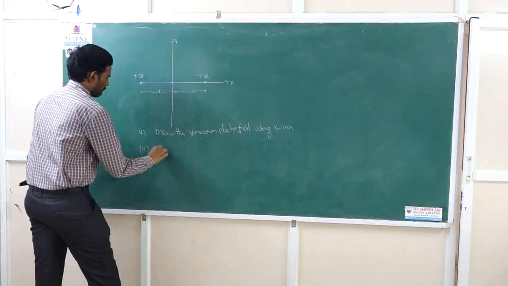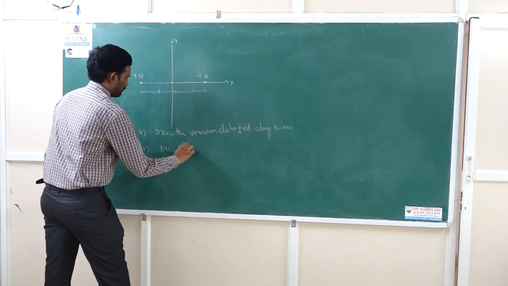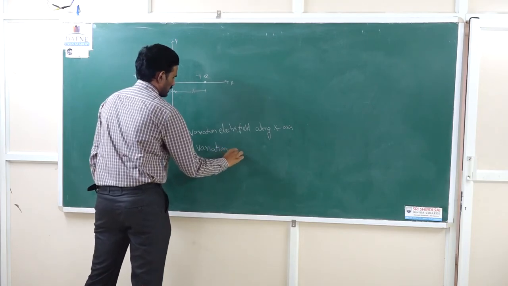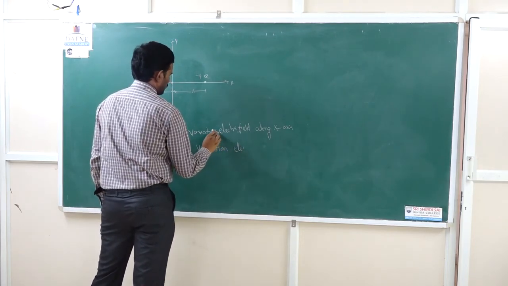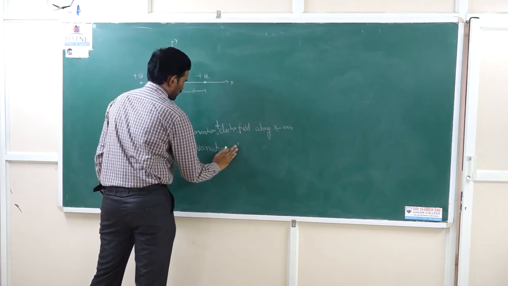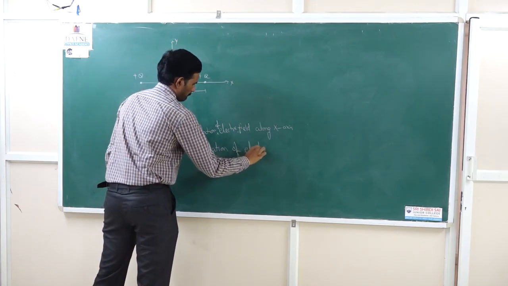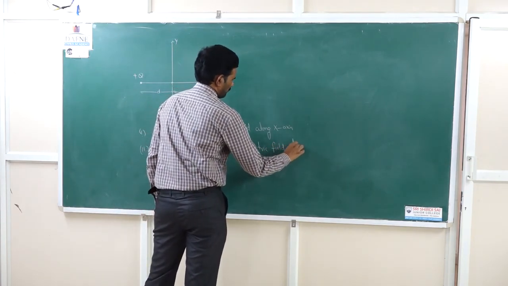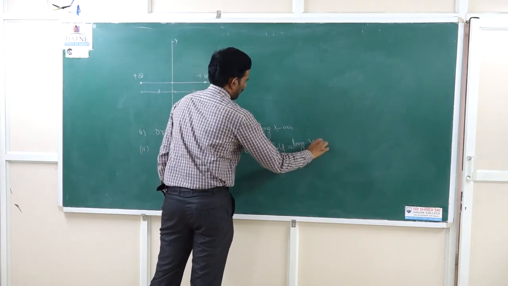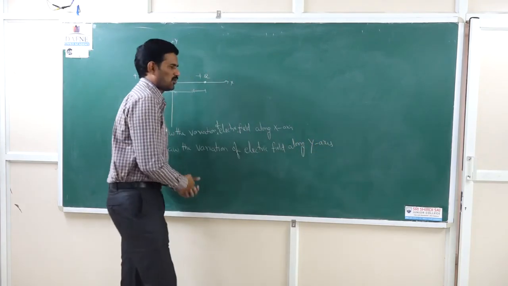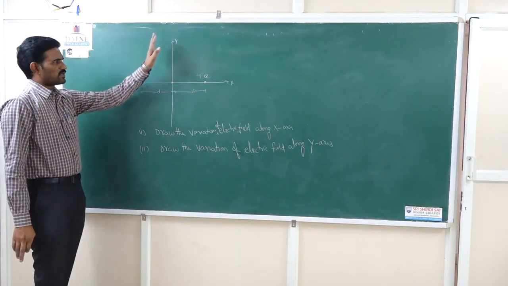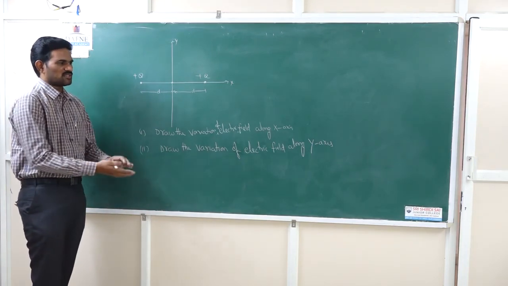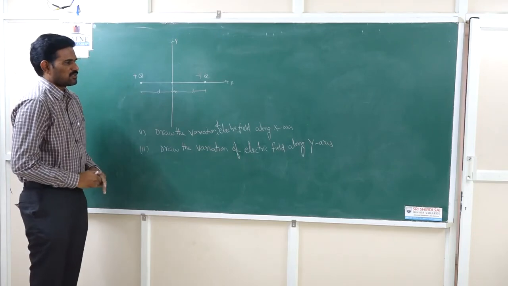Next one is similarly, draw the variation of electric field along the y-axis. That means when you are traveling along the x-axis, how the electric field is changing, and similarly when you are traveling along the y-axis, how the electric field is changing. We need to represent those variations graphically there. So you can try yourself.